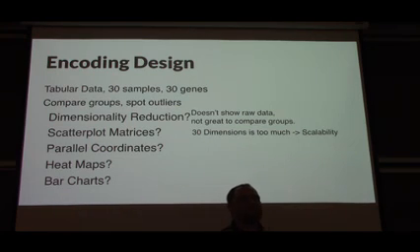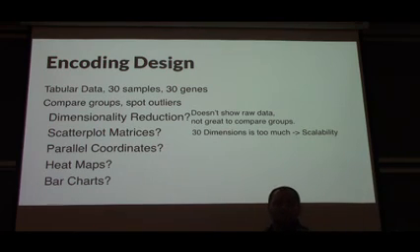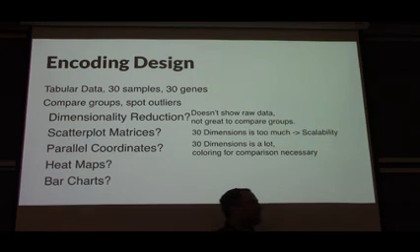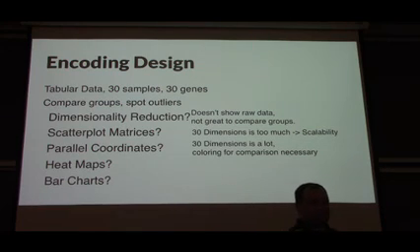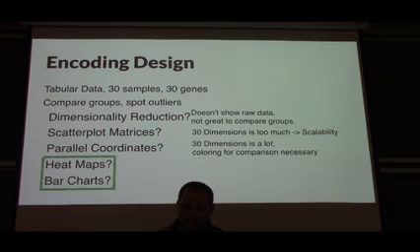Parallel coordinates. Yeah, you could for comparison. It's a little much for 30 dimensions, but it's going to work on a big screen. So it's not completely unfeasible. You would have to use some color coding for comparison. Heat maps and bar charts could be like a viable option, right?